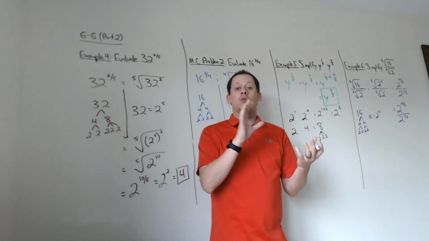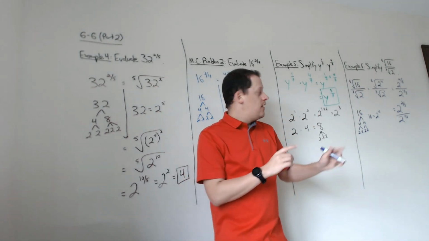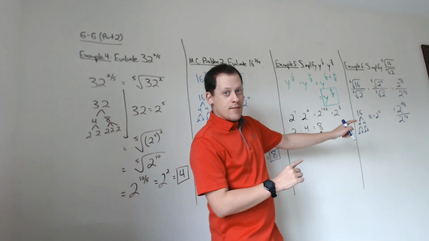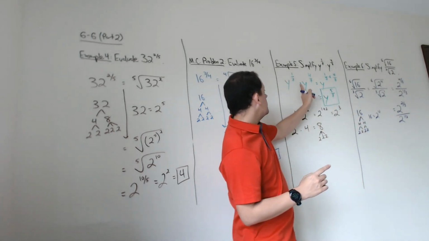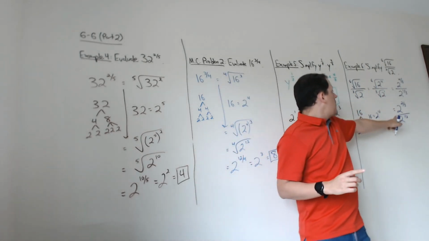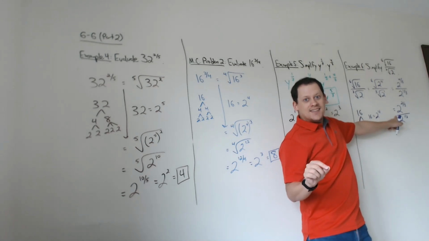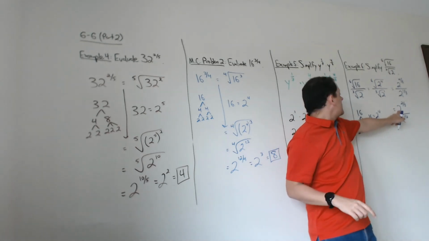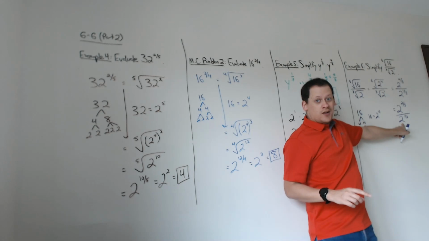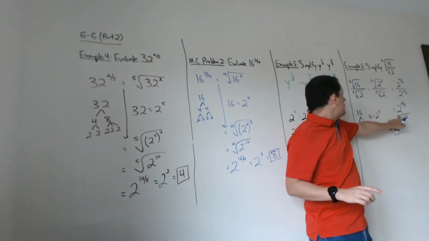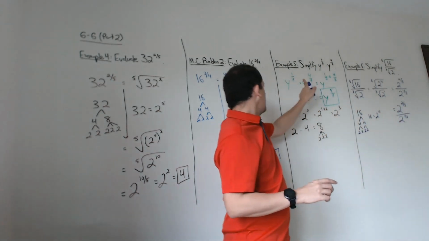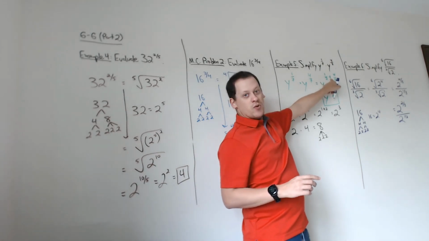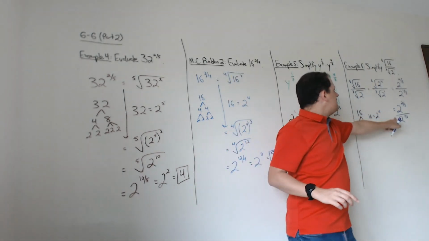Multiplication turns into addition. Check out what we're doing this time. We're not multiplying the two things. We are dividing. We've got two things with the same base, 2 different exponents, and we're dividing them. If multiplication turns into addition with exponents, what do you think division turns into?